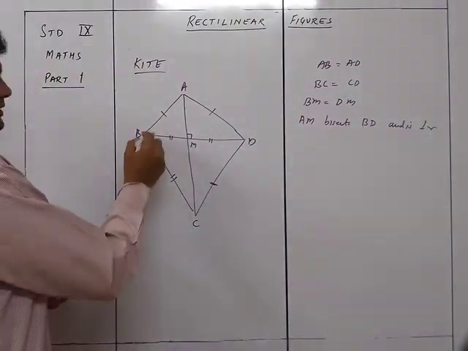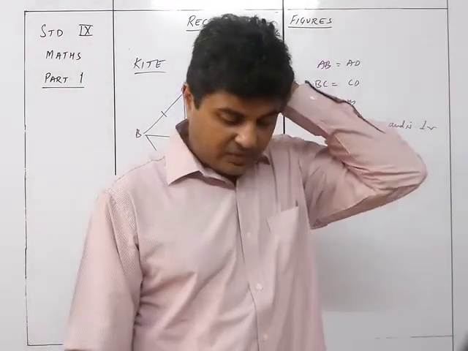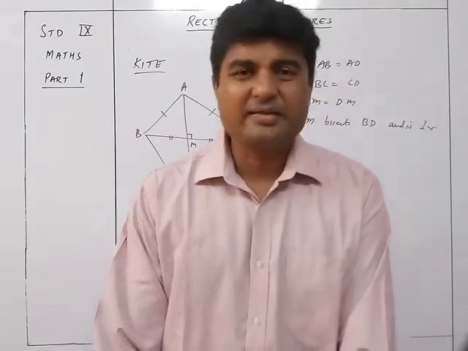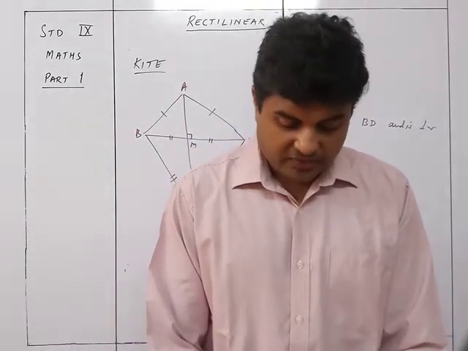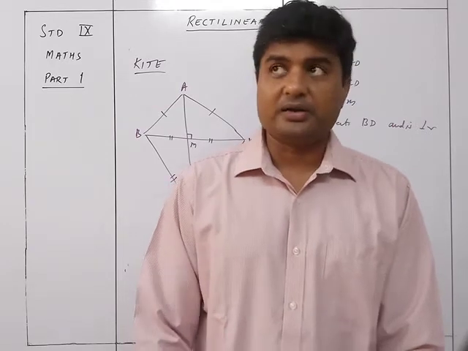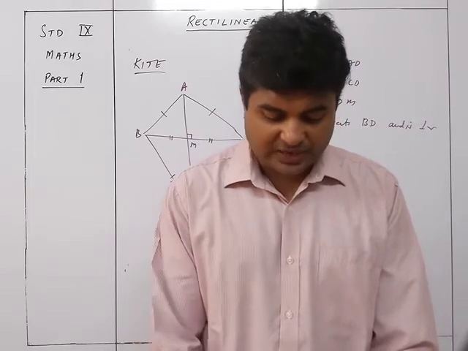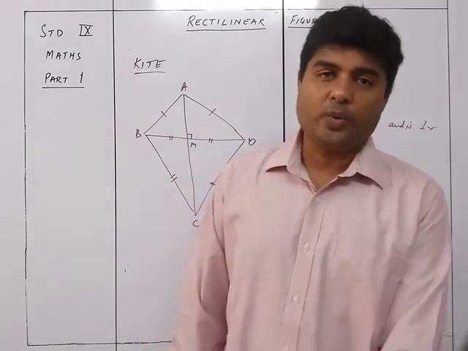These are the only things which are there in the kite. So in the kite you will find that the properties are quite limited. So that is the properties of the different kinds of quadrilaterals. So we'll stop here for this video and start with exercise number 13.1 in the next video.